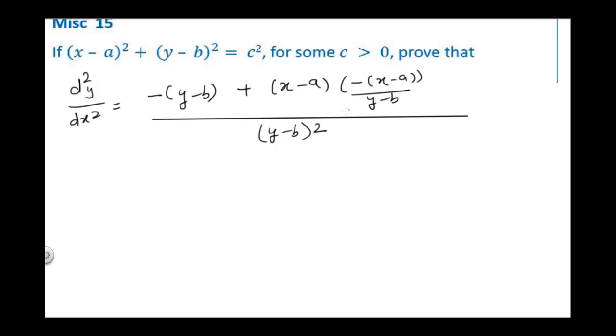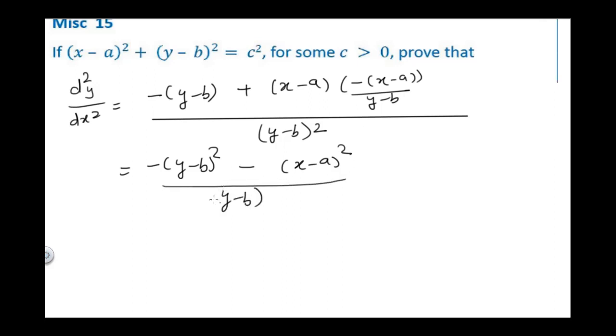Let us take the LCM and solve it. If we take the LCM, we will get minus of (y minus b) whole square plus, this minus and this plus will become minus, so let us write minus (x minus a) whole square, whole divided with (y minus b) as the LCM, and (y minus b) whole square.